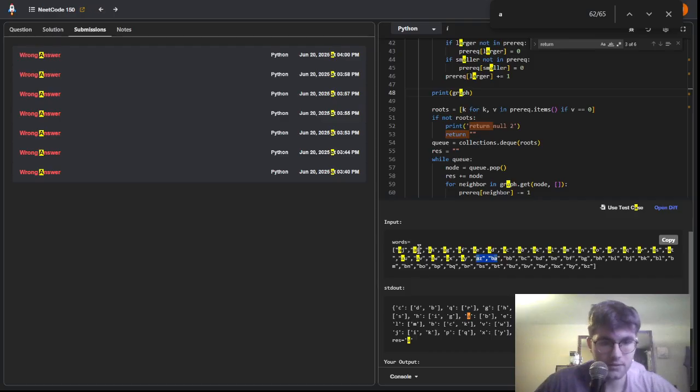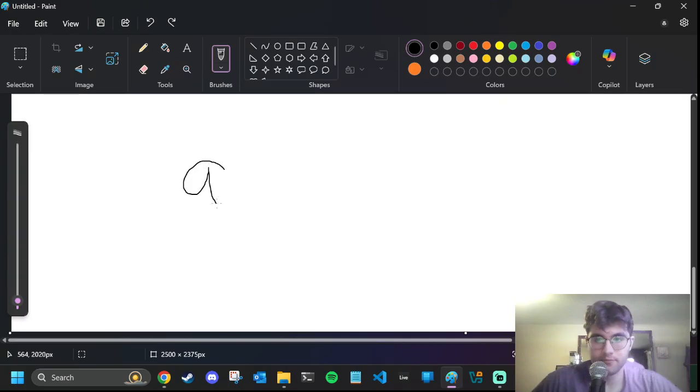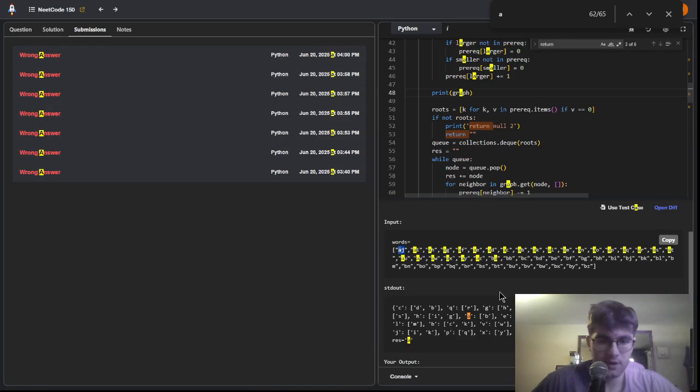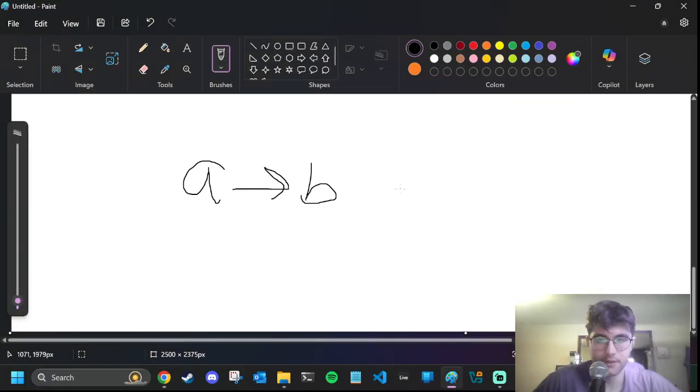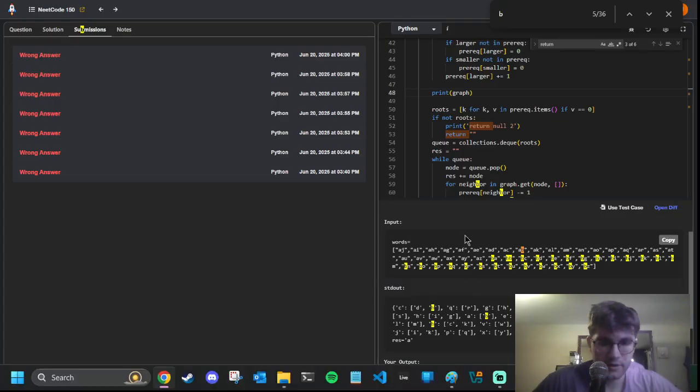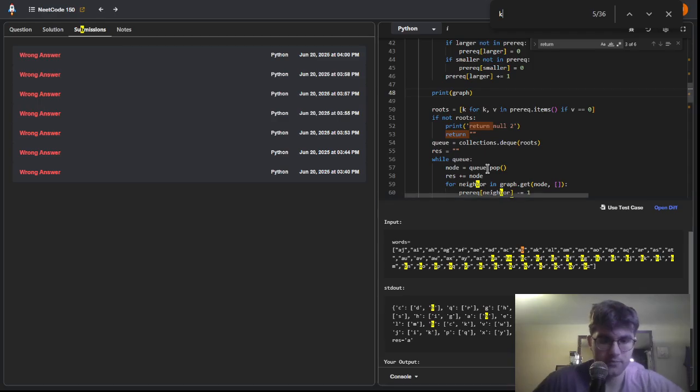Oh yeah, I guess that's the only thing, because J isn't necessarily bigger than I. Okay, so we have A points to B. And then what does B point to? B points to C, K. And then what does K point to?